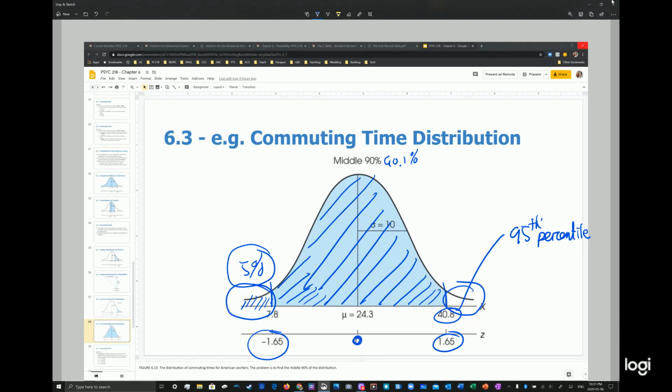And here for 7.8, this would be the 5th percentile because 5% of the scores is equal to or less than 7.8. In the middle would be the 50th percentile because half the scores are equal to or below that point.